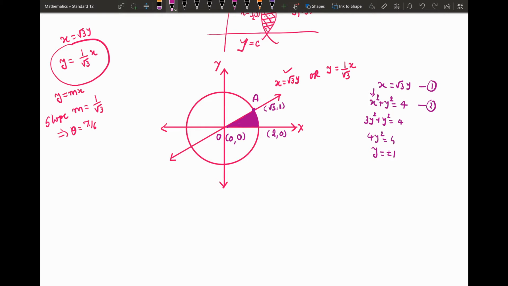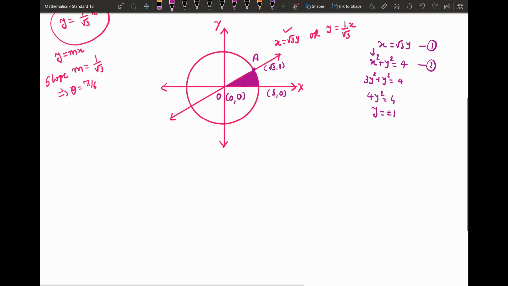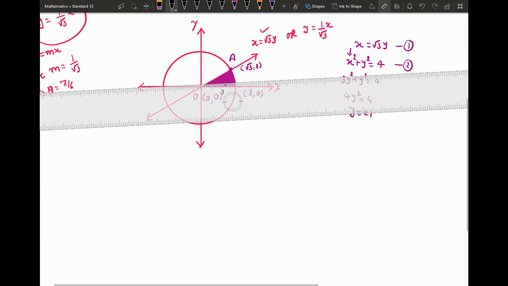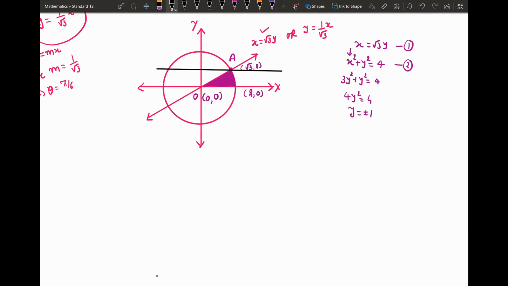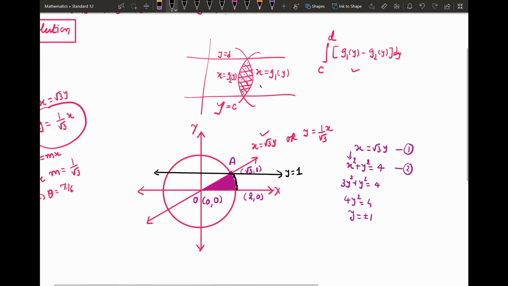So the required area is: this is the line y equal to 1, and the x-axis, that is y equal to 0. We are using the formula with x equal to g1(y).